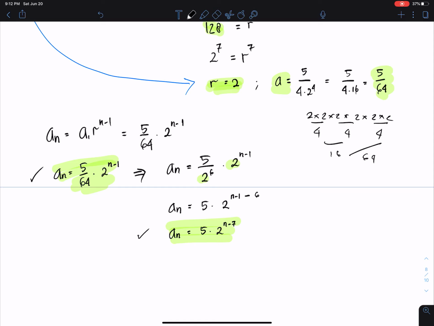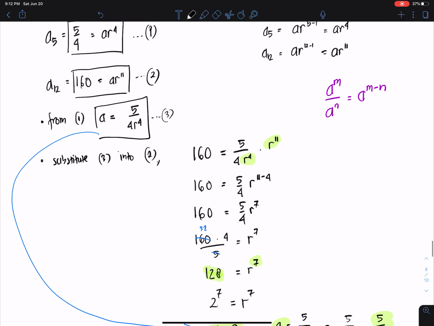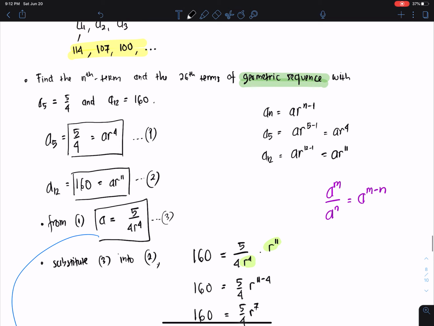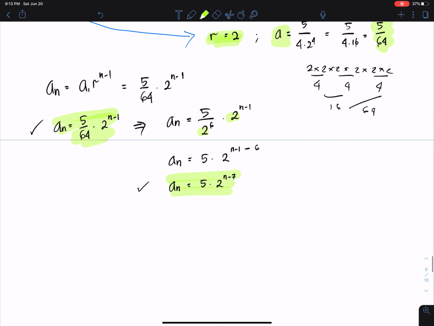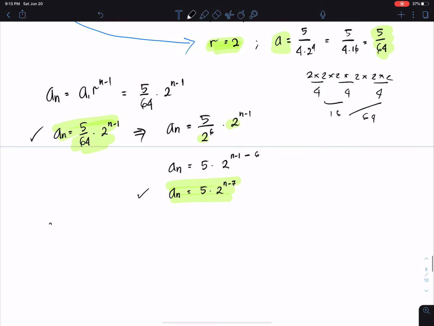Okay, so we answered already the first question, which asks for the nth term. Now we would like to find out the 26th term of this geometric sequence. It means we would like to calculate a_26. That will be 5 times 2 to the power of 26 minus 7.